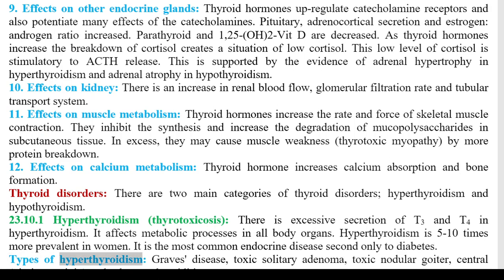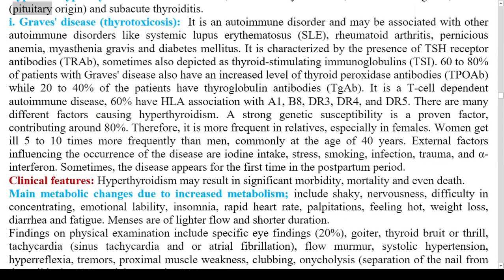Types of hyperthyroidism: Graves' disease, toxic solitary adenoma, toxic nodular goiter, central (pituitary origin), and subacute thyroiditis.